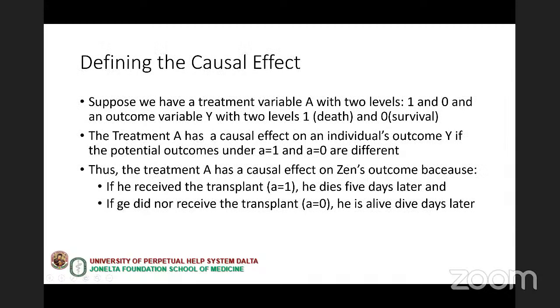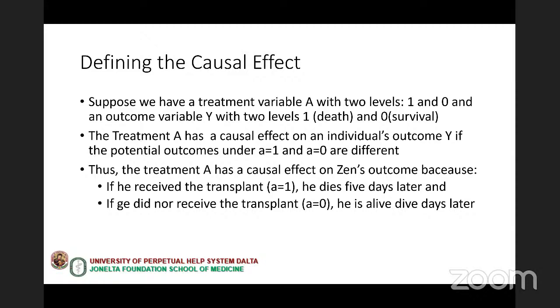So how do we define the causal effect then? Suppose you have a treatment variable A with two levels, for example, 1 and 0, and an outcome variable Y, where 1 is death and 0 is survival. Treatment A has a causal effect on an individual's outcome Y if the potential outcomes under A equal to 1 and A equal to 0 are different.